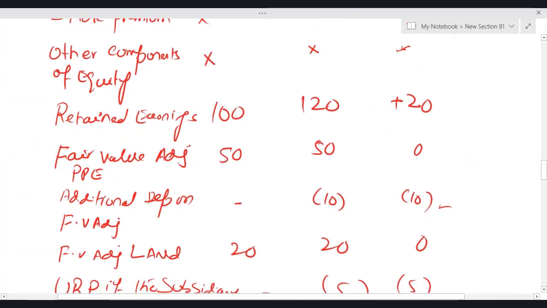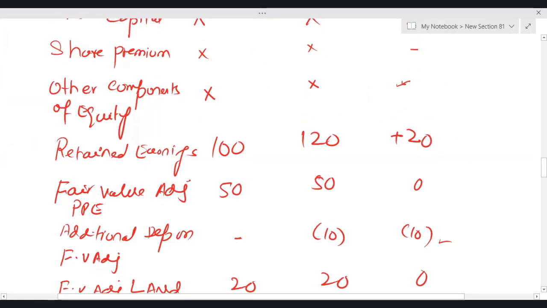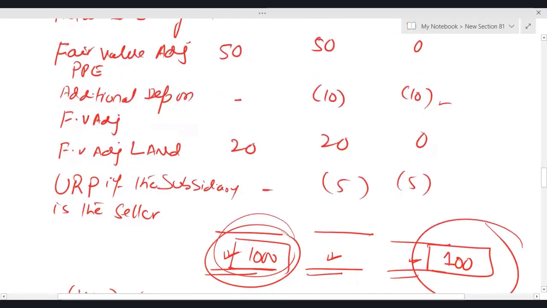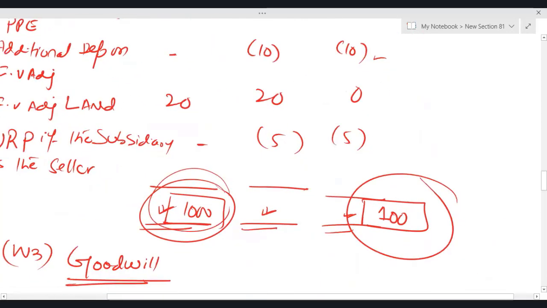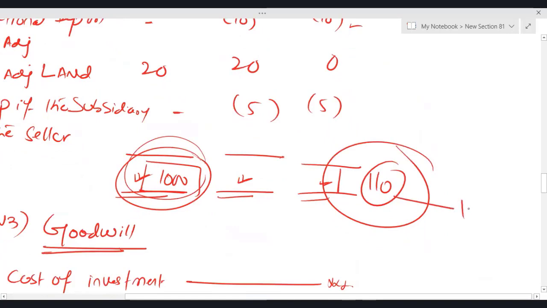Other component of equity: let's say at acquisition it is 40, at reporting date it is 50. So obviously it is 10. Now try to understand. Assuming the total comes to 110, in this 110, 10 belongs to OCE.